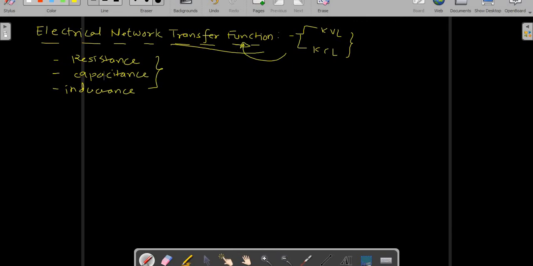Now before starting our main discussion, we need to understand these passive elements or the components and what are their relations in order to get more clarity.